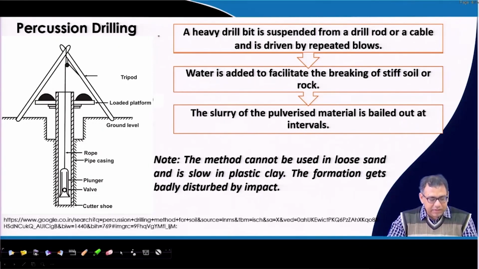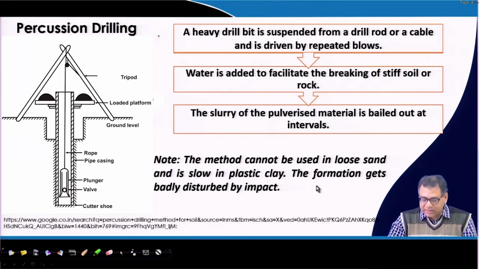That means the boring advances as water is added and the slurry is bailed out at intervals.